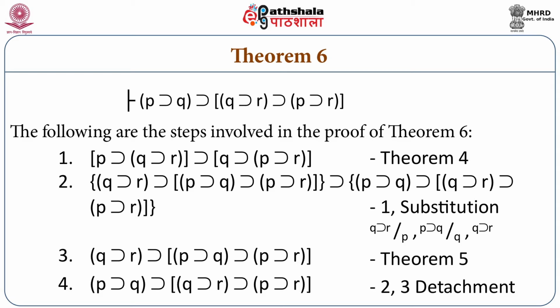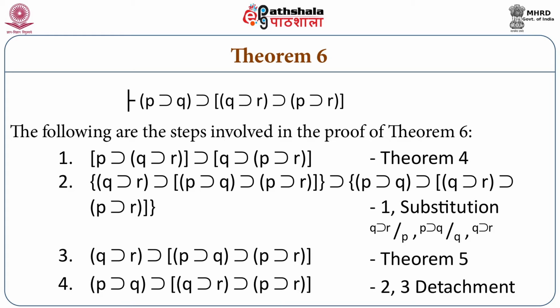Theorem number 5 says Q implies R together implies P implies Q implies P implies R. Now if we introduce this, it looks like the antecedent of the conditional statement we have in step number 2. So it looks like alpha implies beta and alpha, in steps 2 and 3, which means we can apply the rule of detachment to derive the consequence of step number 2.